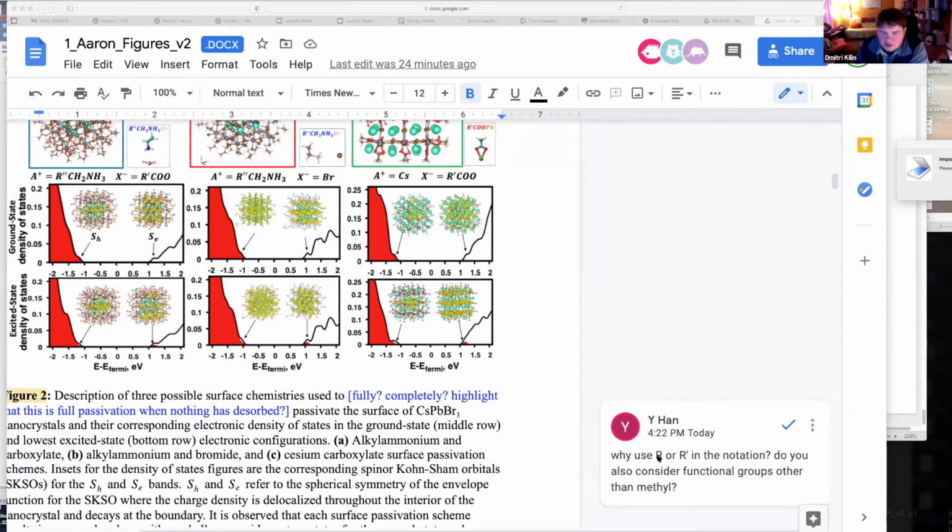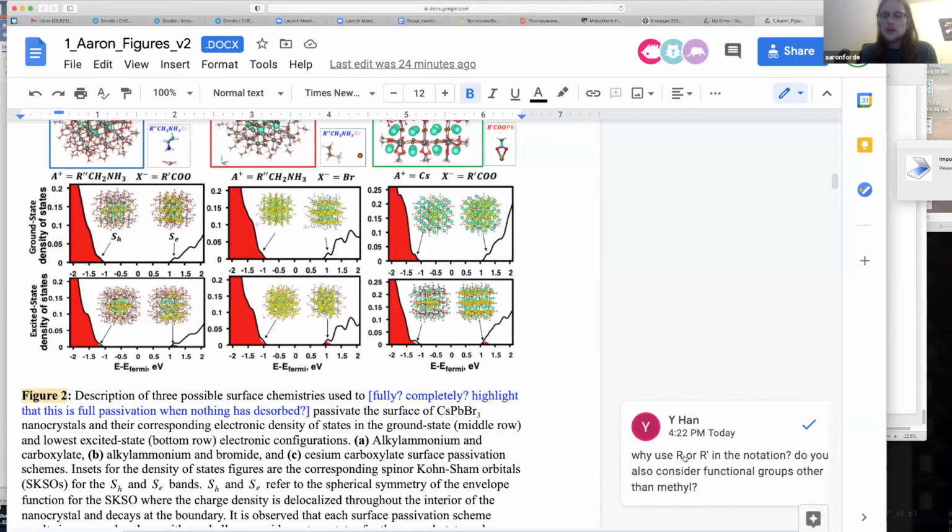Why the letters R are used. Oh, I see. Yeah, so R would be methyl, then R prime is ethyl. I see a possible answer that letter R takes fewer symbols than CH3.